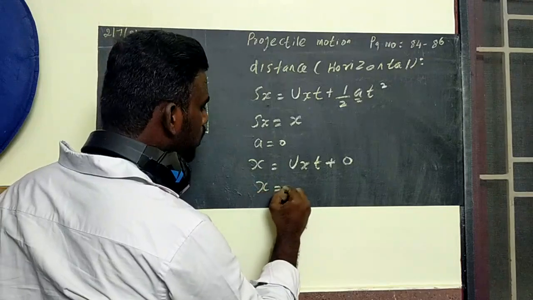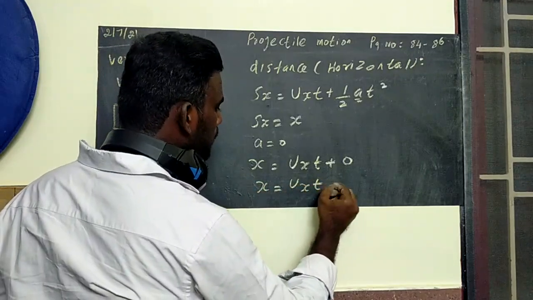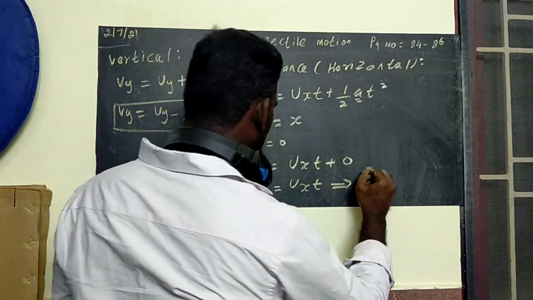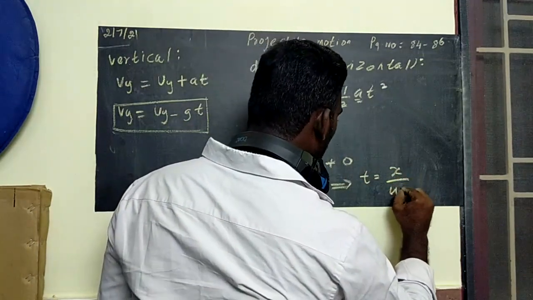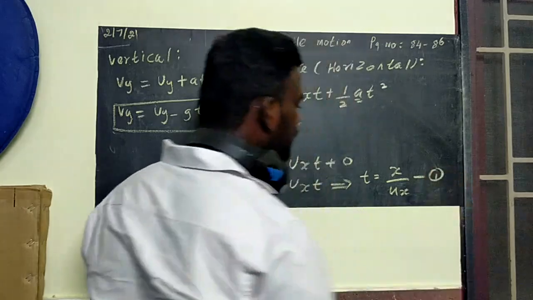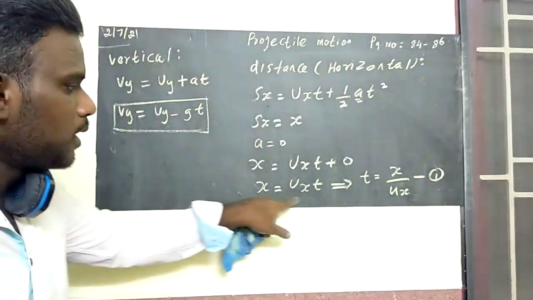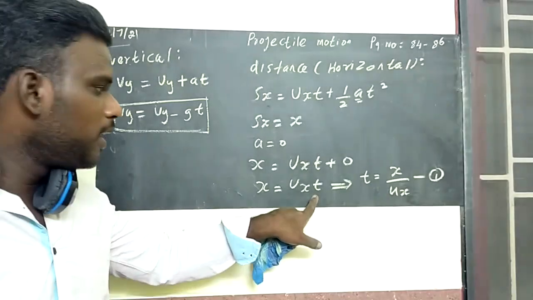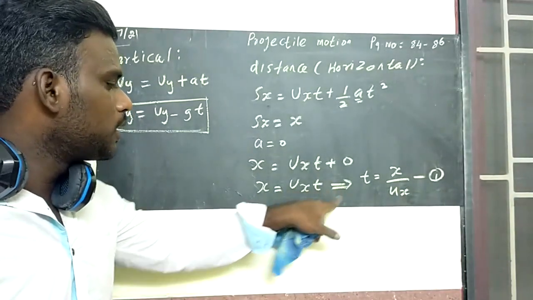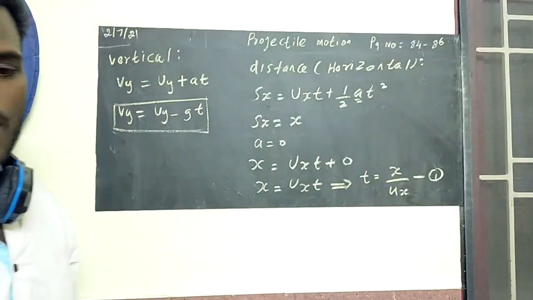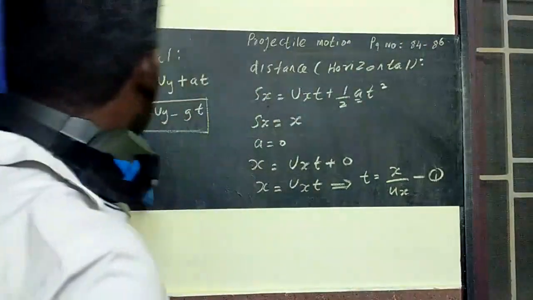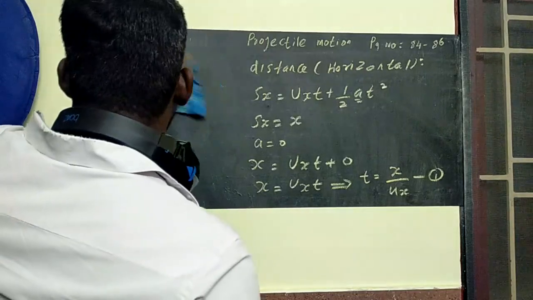That is x equal to ux t. From this I can write t equal to x by ux, this is equation number 1. This is the distance traveled by the body in any given time t, and by using this I found the time taken, that is t is equal to x by ux. Is that clear? Now, the distance traveled in the vertical.